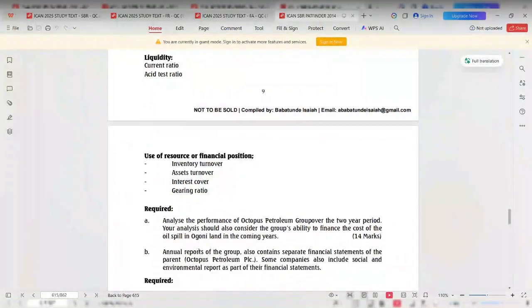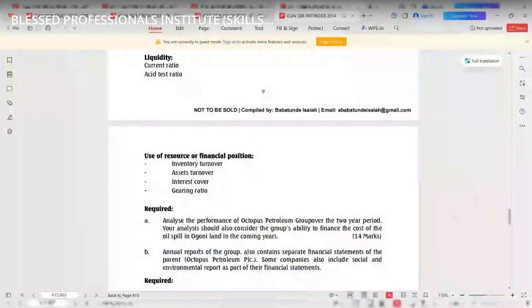Require 1 or require A: analyze the performance of Octopus Petroleum Group over the 2-year period. Your analysis should also consider the group's ability to finance the cost of the oil spill in Ogoniland in the coming years. B: Annual reports of the group also contain separate financial statements of the parent, Octopus PLC.